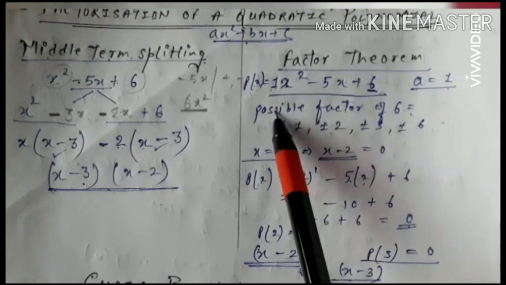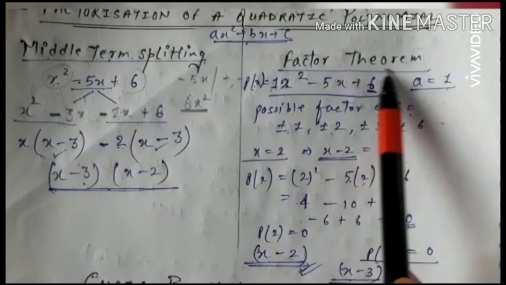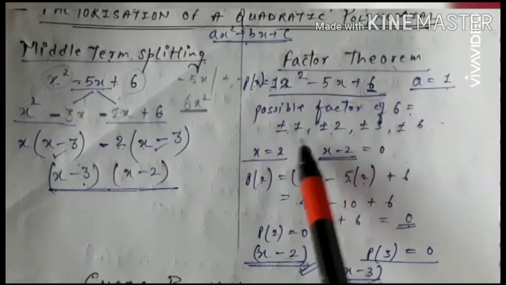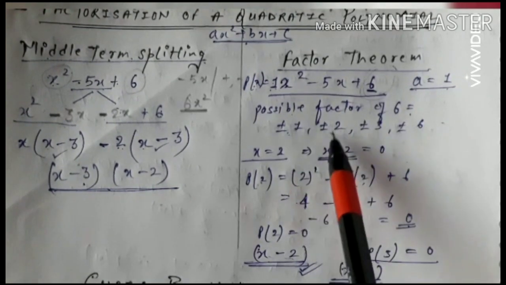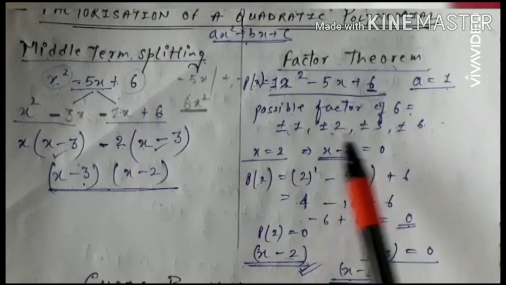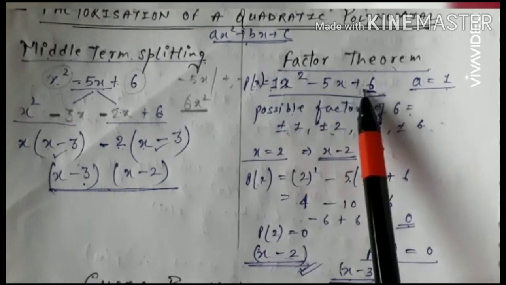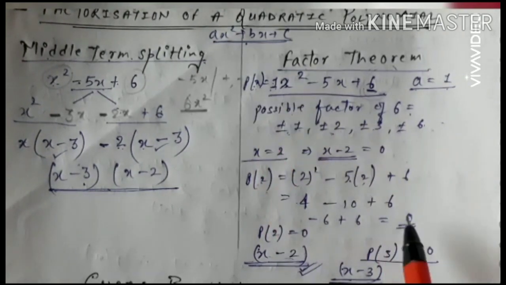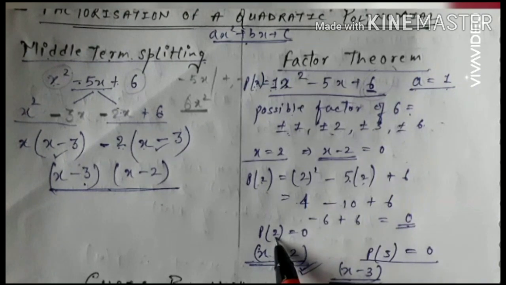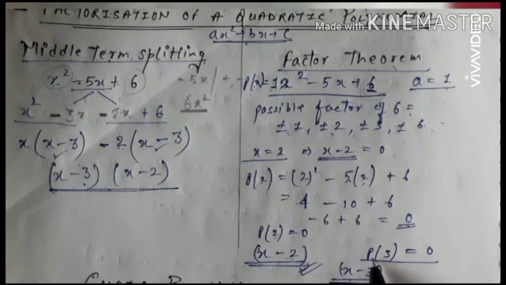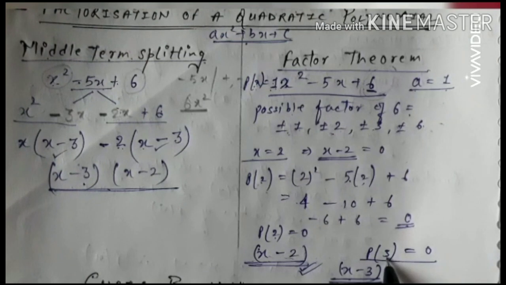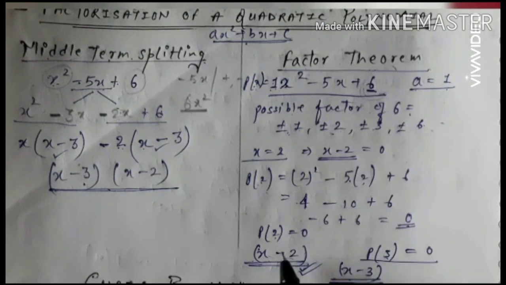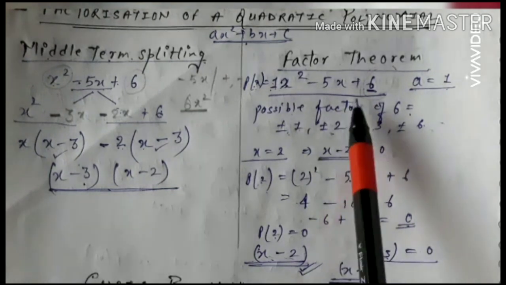Then the possible factors of the constant term, here the constant term is 6, so possible factors are plus 1, minus 1, 2, 3 and 6. One by one you will put the values in here, at which value you get polynomial p(x) equal to 0, those will be your factors. Here on putting p(2) and p(3) we are getting 0, that means x minus 2 and x minus 3 are the factors of this polynomial.